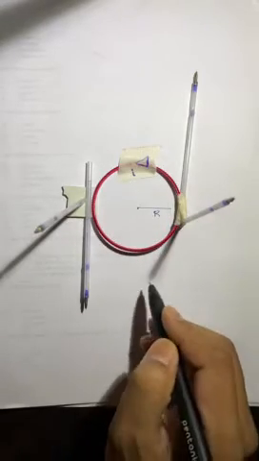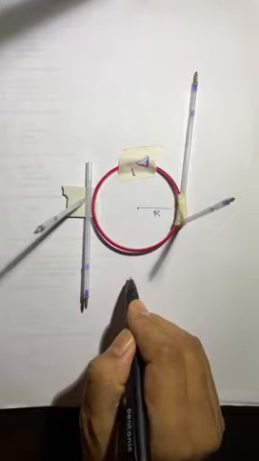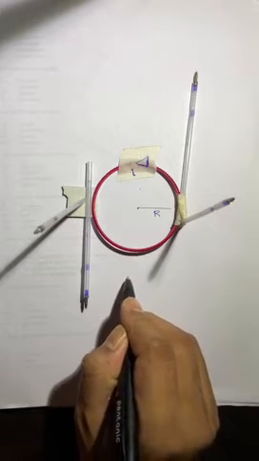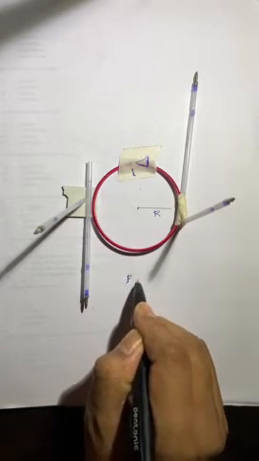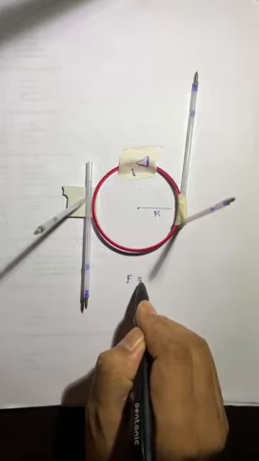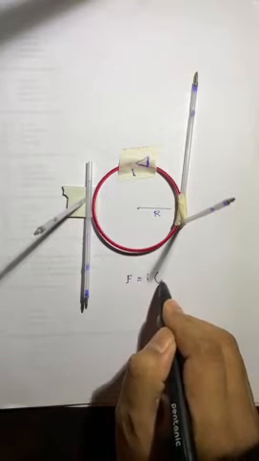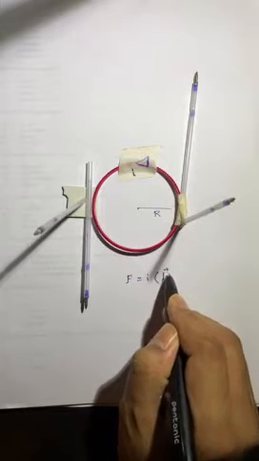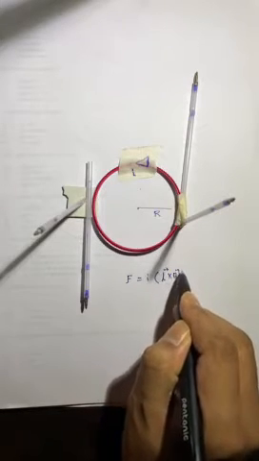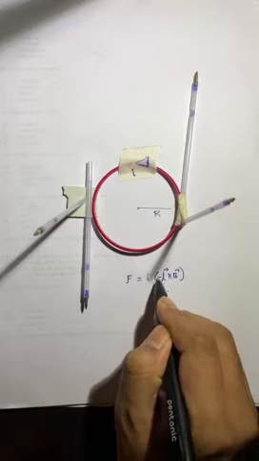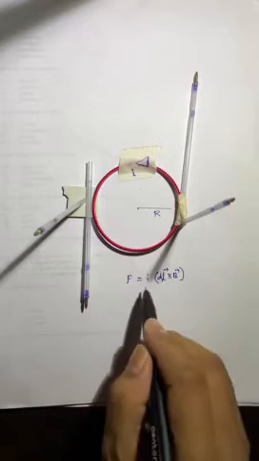So we know that the equation of the force is F equal to I into L cross B, where L means a small length, say dl here.